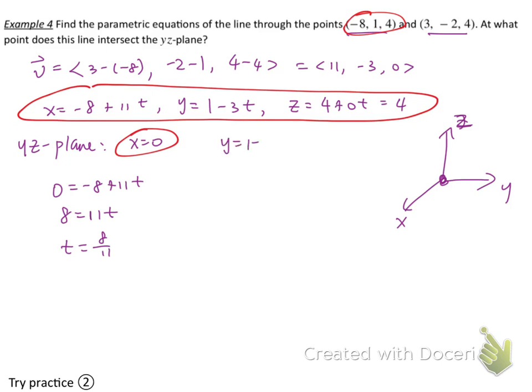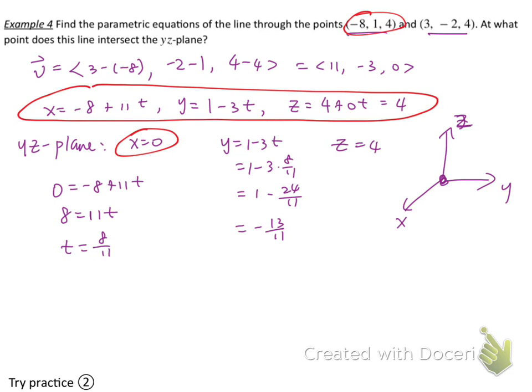So y is 1 minus 3t, which will be 1 minus 3 times 8 over 11. That is 1 take away 24 over 11, or -13 over 11. Now z equals 4. It doesn't even involve t, so no matter what t is, z equals 4.